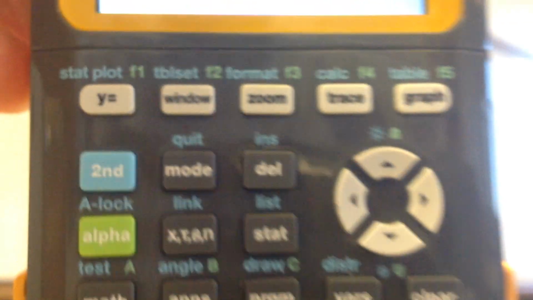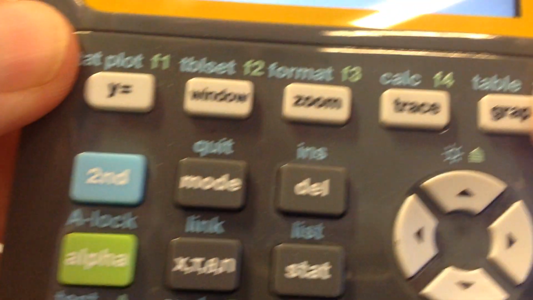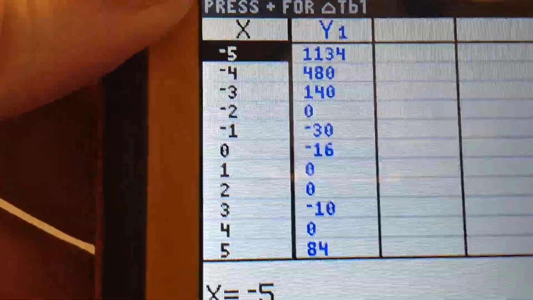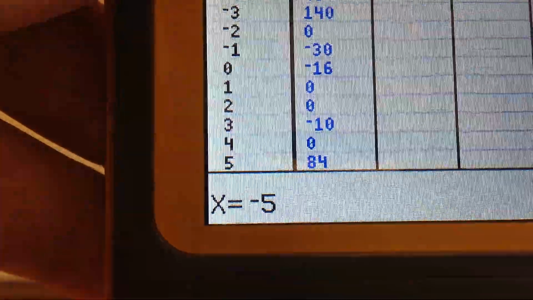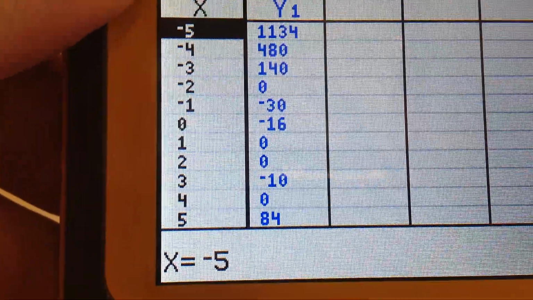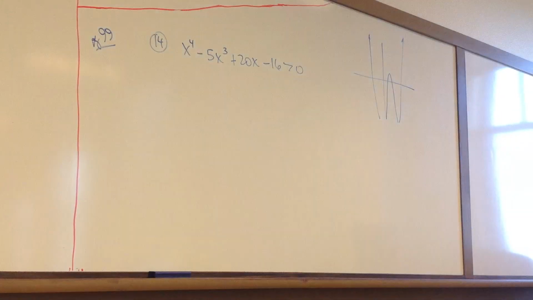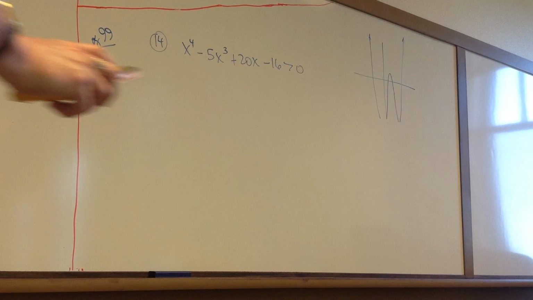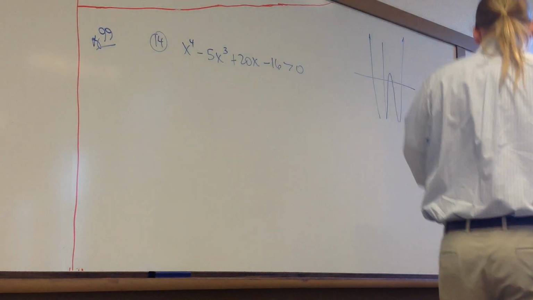So if we hit second graph, then we'll see the table. And there it is, yeah. When x is negative 2, y is 0. When x is 1, y is 0. And then 2 and 4 are also roots. All right, so again for this one, we don't necessarily have to use that root finder function to identify these.